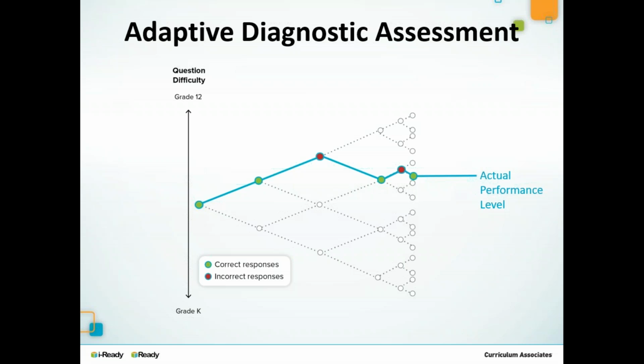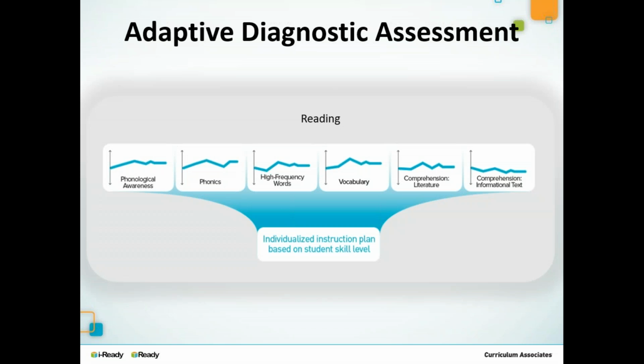Because that's how we can best support our students. So not only are we going to do that for the whole test, but we're going to do it within each domain so that you find out what students know and what they don't know in phonological awareness, in phonics, in high frequency words, vocabulary, comprehension of literature, and comprehension of informational text.